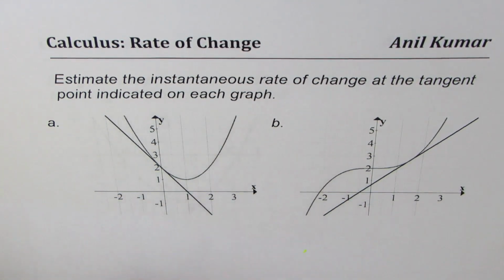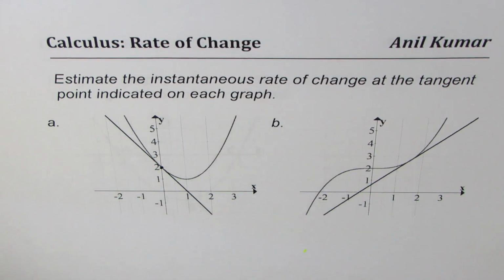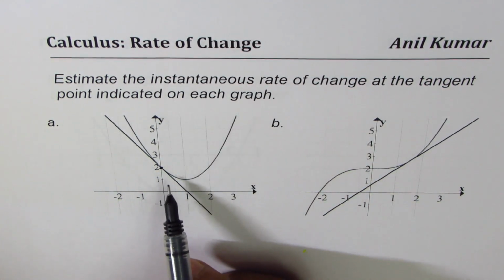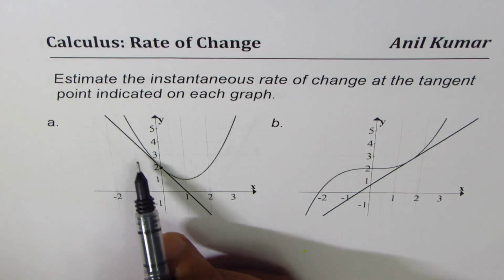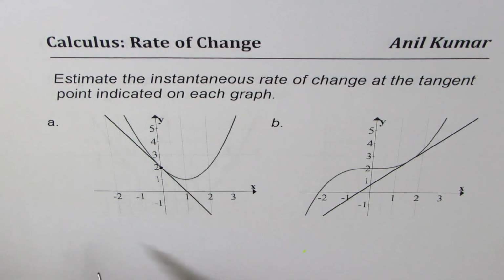So we have a parabola here. The tangent line is drawn at x equals 0, y is 2. We need to find the instantaneous rate of change, which is the slope of this tangent line, correct? At (0, 2), right?